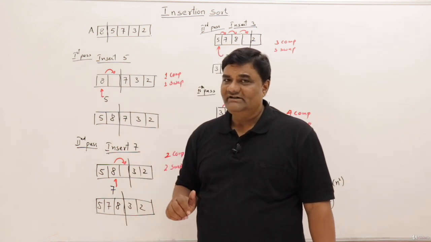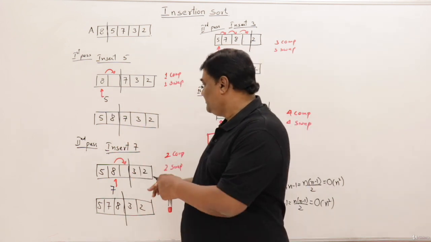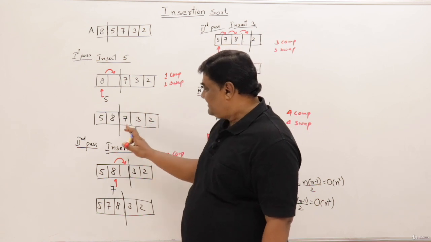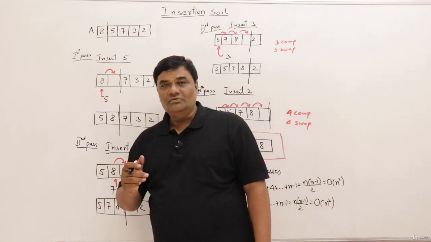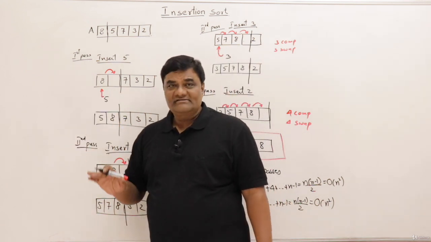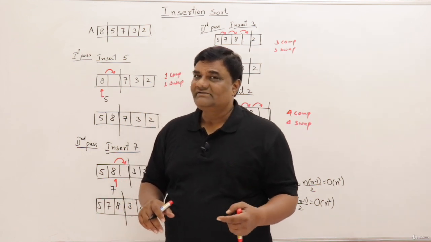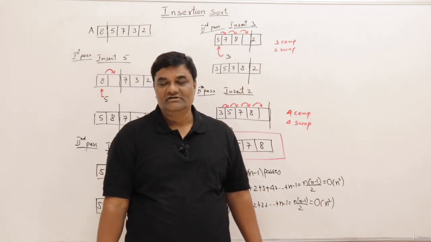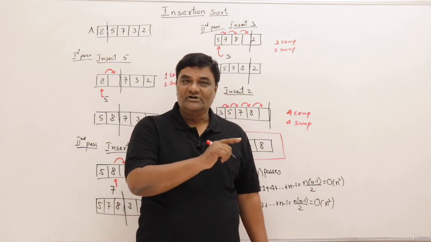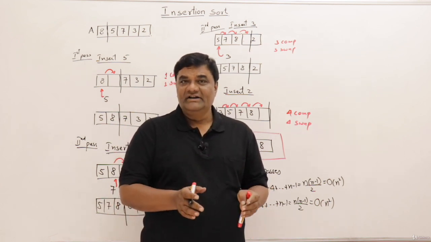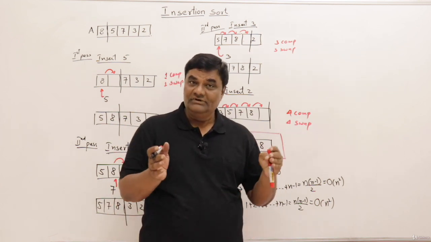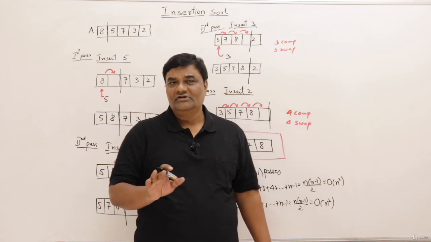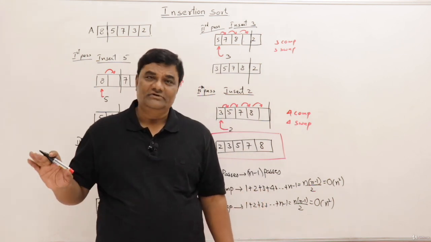That is not the smallest element. If suppose I have one more element, 9 here, can I say 8 is the largest element? No. So intermediate results, that is just 1 pass or 2 passes, will not give you any useful result in insertion sort. Like in bubble sort, if we perform 1 pass, we get the largest element, 2 passes, 2 largest elements. But in insertion sort, you will not get anything useful.